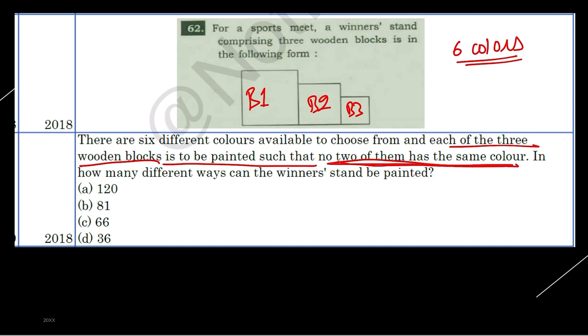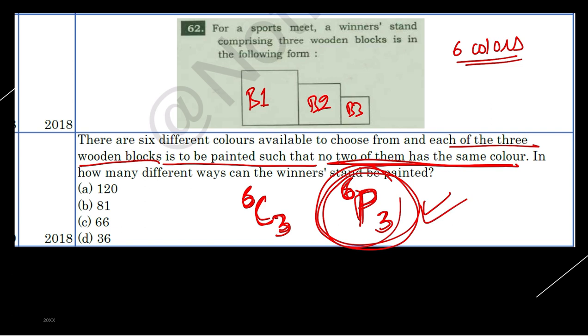Now, as I've already told you, B1 and B2 should not have the same color, B2 and B3 should not have the same color, and B1 and B3 as well, meaning all should be different colored. Now, I have 6 colors to choose from. I can choose 3 out of 6 colors, or I can permute 3. Which one is right in this case? Either 6C3 or 6P3. The answer is 6P3.